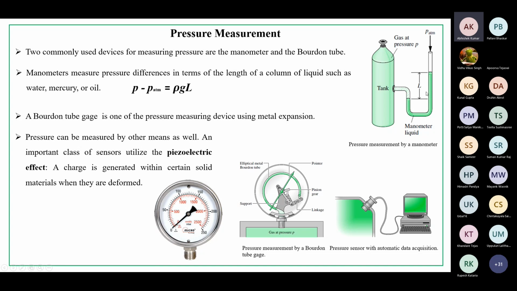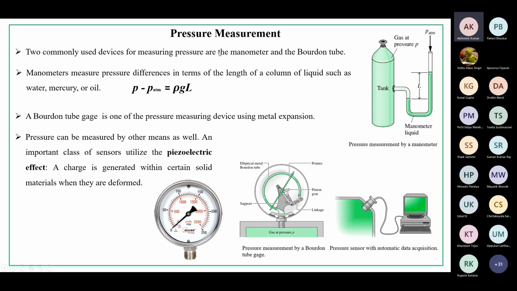Whatever the difference L is, we apply the formula rho g h or rho g L, and then we measure the pressure difference. Here this side is atmospheric pressure and this side is the tank, so it gives you the gauge pressure.